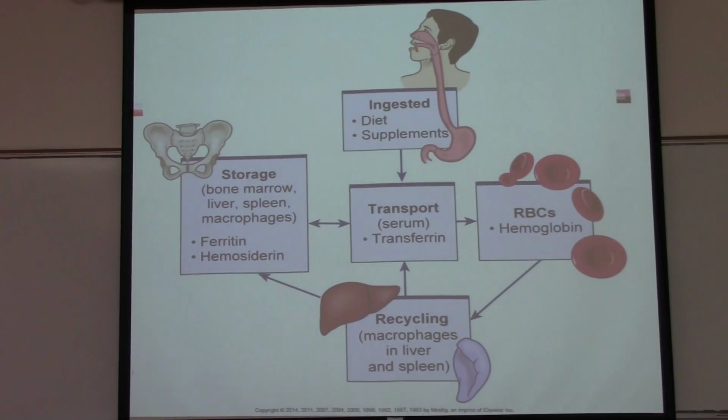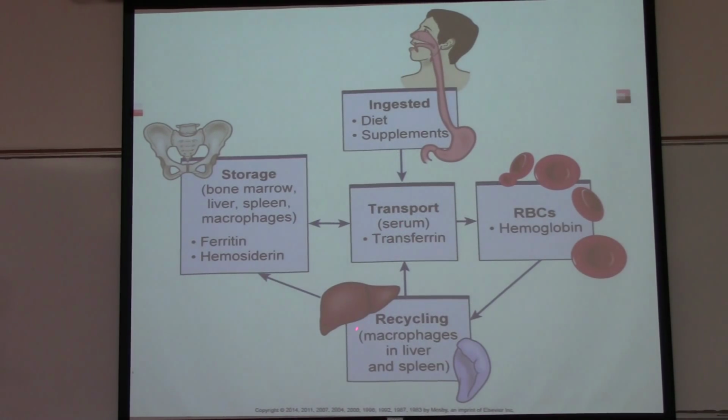So if we look overall at iron metabolism, iron is recycled after macrophages in the liver and the spleen phagocytize the older damaged RBCs. And then the iron binds transferrin, where it is either stored or sent to help make more red cells. So we get iron from our diet and from supplements.